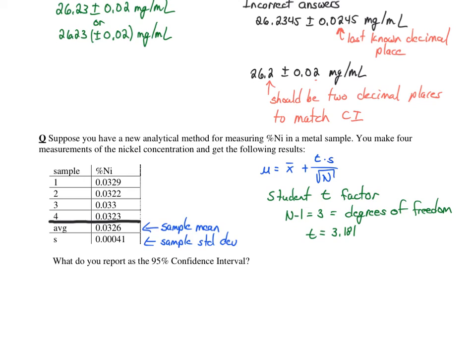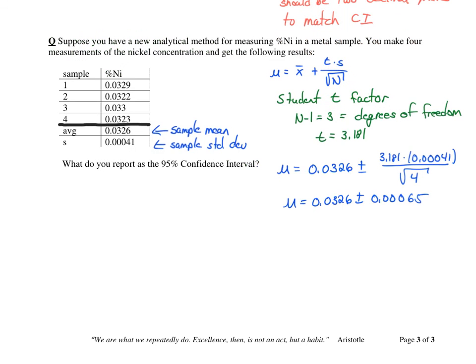We look back to our previous table for the 95% t factor for n minus 1 equals 3, and we get t is 1.81. So we can plug that into our calculation.